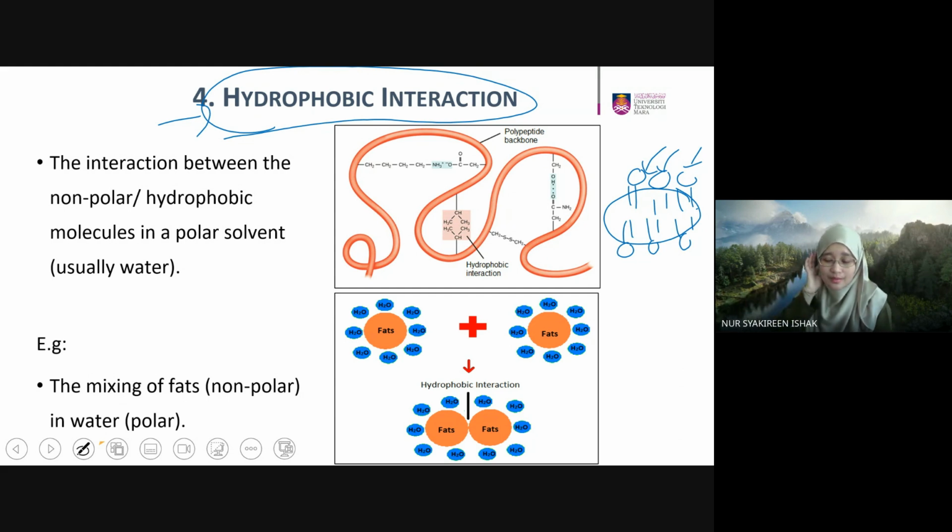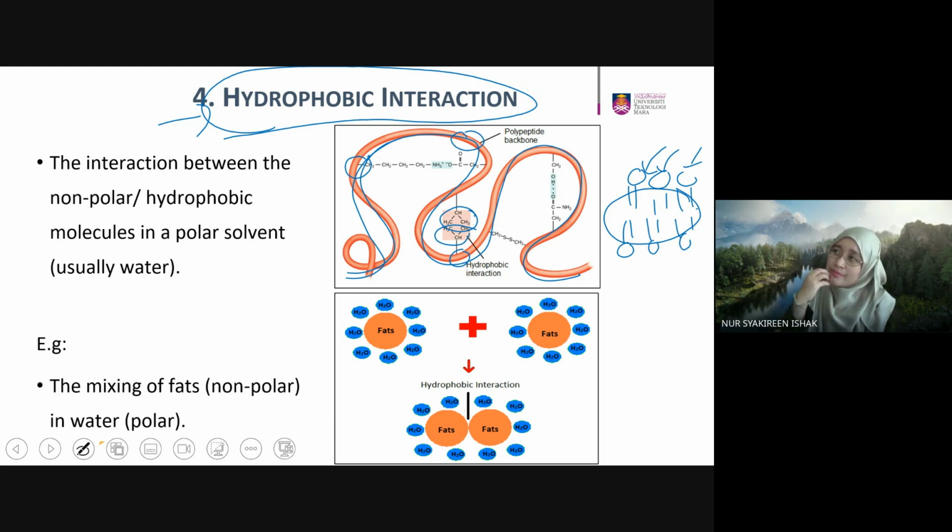If you look at this diagram, this is a polypeptide chain composed of amino acids. These are amino acids that are linked together. Later we are going to look at amino acids, which have side chains. The side chains of amino acids can be composed of hydrocarbons.